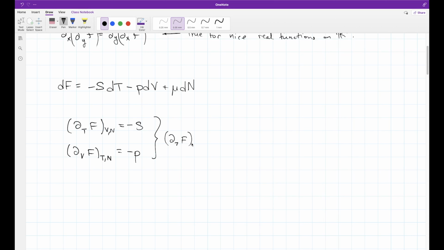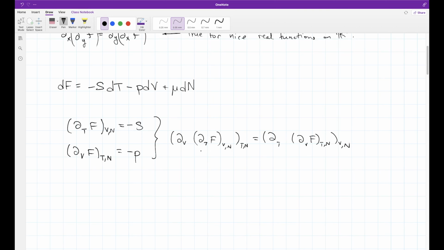So dT fixing V and N, and then dV fixing T and N is the same as, on the inside, dV of F fixing T and N, and on the outside, dT fixing V and N.